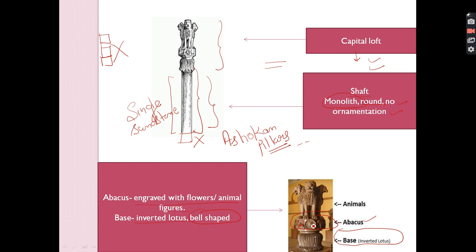Means anything could be here: flowers, animals, figures. And on top of that, animals. The animals could be a lion, bull, elephant. Anything could be your animal figure. So these are the features of Ashokan pillars.